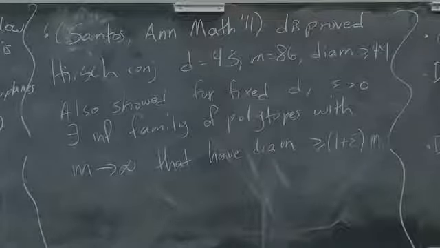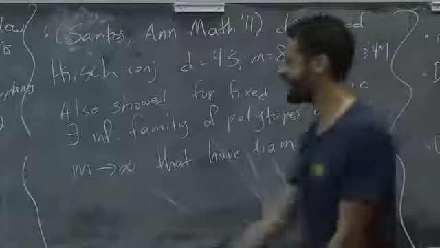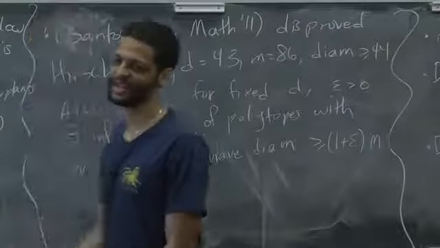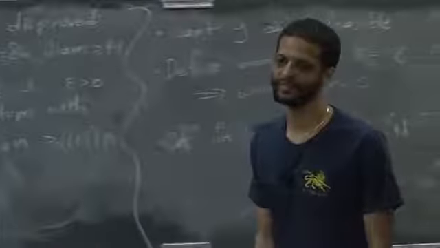Okay, this is still pretty far from poly m, d, right? I mean, these are like nearly linear lower bounds in m, right?